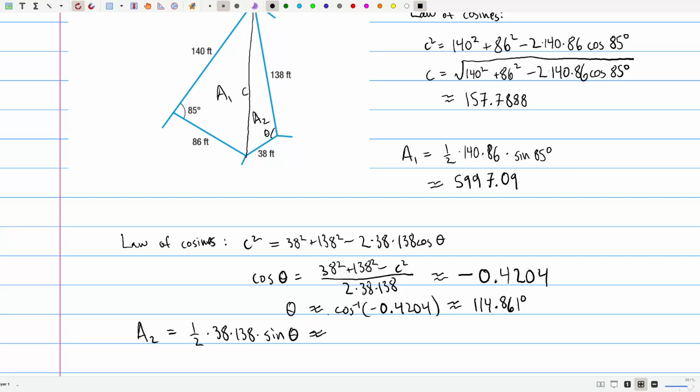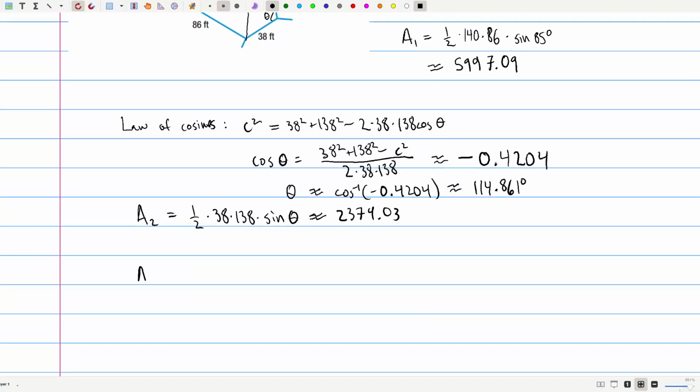Let's punch that into the calculator: 0.5 times 38 times 138 times the sine of that answer. And that is 2379.03.